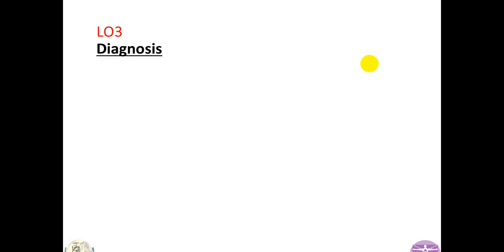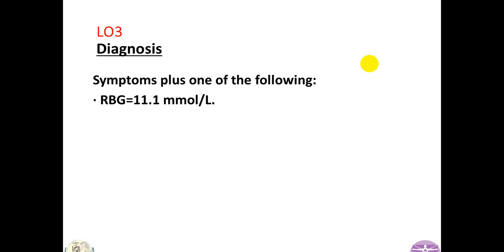How do we diagnose diabetes? So we should have symptoms of type 2 or type 1 diabetes that we talked about, plus one of the following. First, a random blood glucose. By random, we mean blood glucose taken at any time of the day.